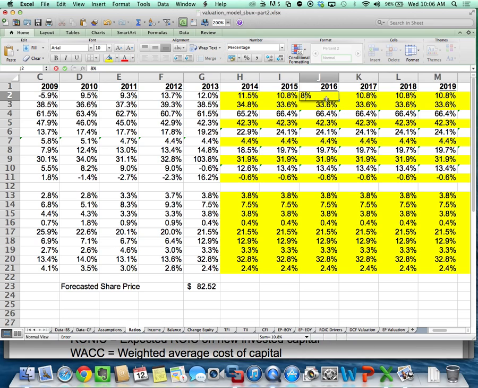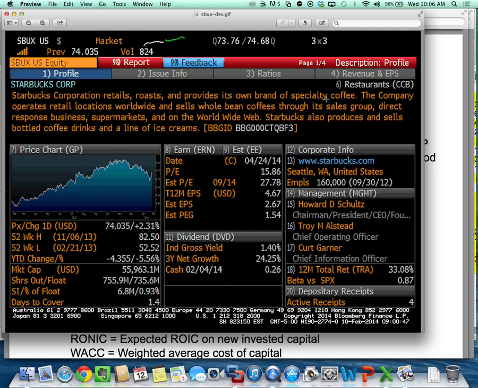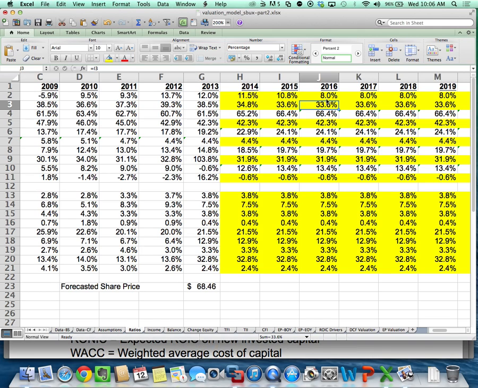So here's the thing. If it slows to 8% a year, I'm at $68, and Starbucks today is at 74. If I go to a 9% growth rate, I'm already close to 74.